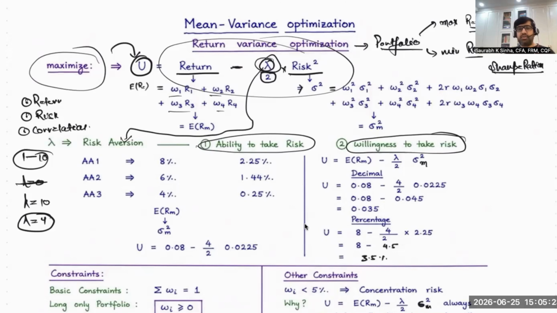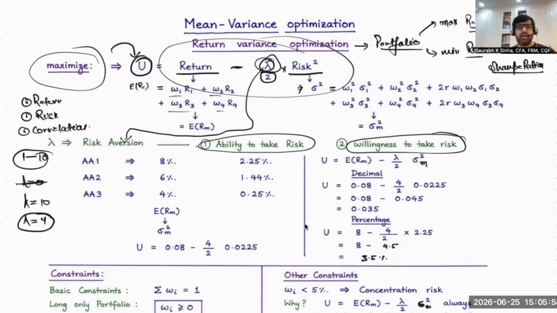Okay. So if you don't know how to optimize or you don't know how to do differentiation to find out what would be the tangent portfolio of this convex function, because this is a convex function, and if you try to find the tangent of this convex function, that tangent will tell you the optimum portfolio. Assume you don't know how to plot the convex function. Assume you don't know how to find the tangent.